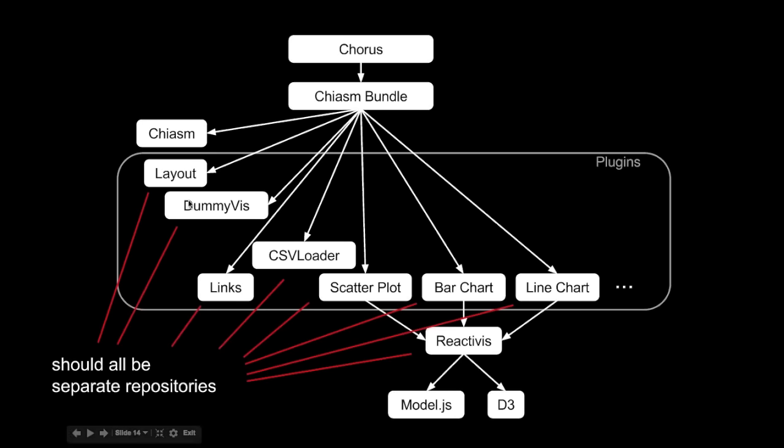So what this does is it installs, right now it uses the Chiasm subdirectory, but what this project would do is install all the plugins, pull them all from the remote repositories, and then bundle them all together into one file. And that one file would be what Chorus is using that contains all the plugins. So it wouldn't be like dynamically fetching the plugins. It would all be bundled.